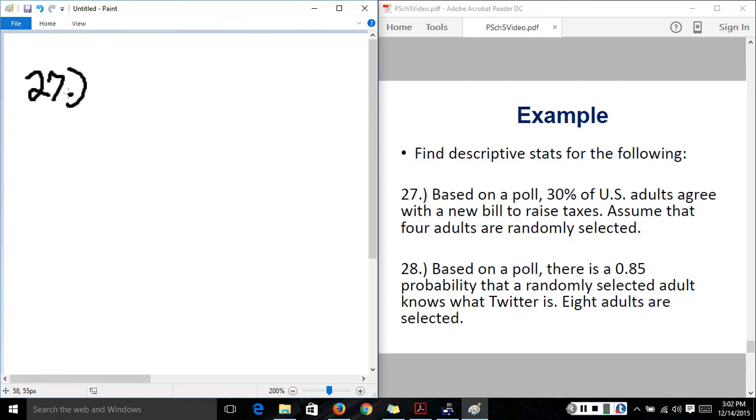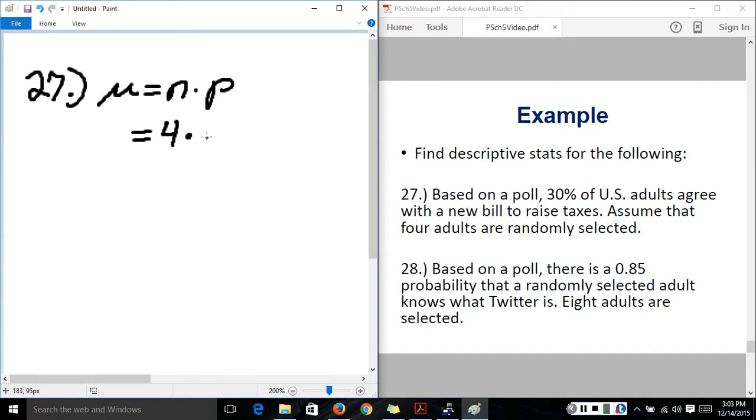Based on a poll, 30% of U.S. adults agree with a new bill to raise taxes. Assume that 4 adults are randomly selected. Oh, well, that's the scenario from the previous video. Well, to find the mean, that'd be mu, we multiply n times p. And the number of trials was 4. 4 adults were selected.